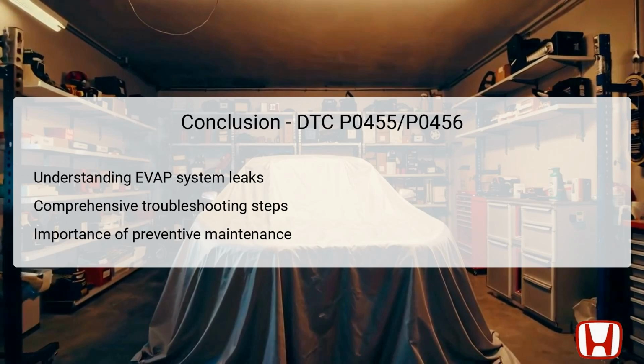This guide emphasizes the importance of a meticulous inspection of all relevant components and underscores the vital role played by preventive maintenance practices. By following these protocols diligently, drivers can ensure their vehicles meet emission standards while optimizing performance and longevity.